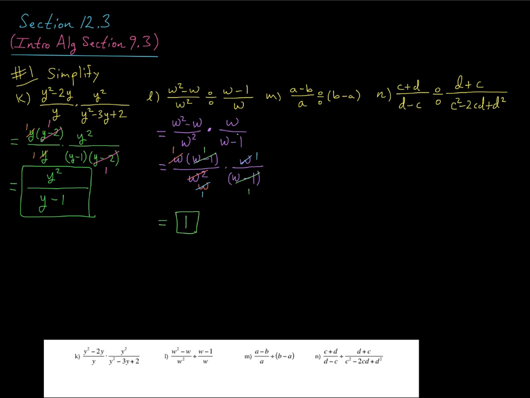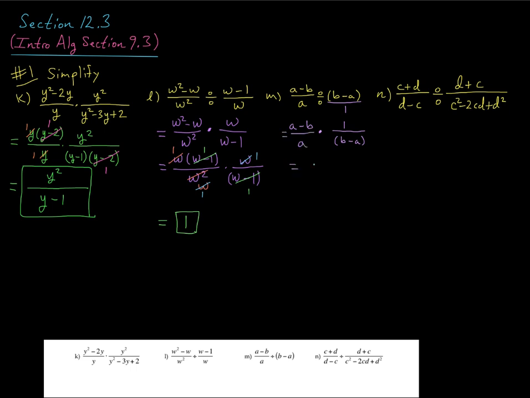Cool. All right, for M, it's another division problem, so I can convert that to a multiplication problem. And notice here I just have a b minus a. Think about this as a fraction: it's b minus a over 1. So as a multiplication problem, I'm going to flip this over, and I'm going to get 1 over b minus a. And then I have my a minus b here, and that's still divided by a.